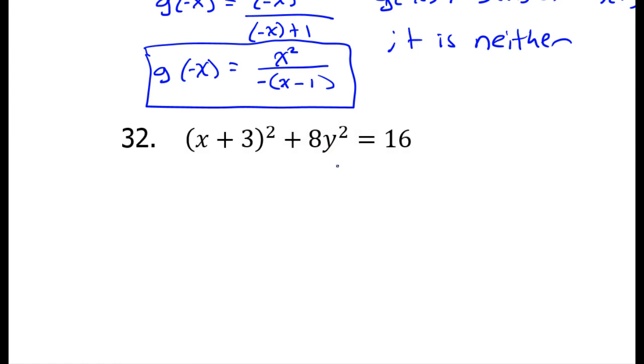Okay, so this time they did not give us f of x per se. Alright, this time they did not give me y by itself, or f of x by itself. So hopefully this will turn out to be even, because I'm actually not 100% sure what it will look like if it is odd.